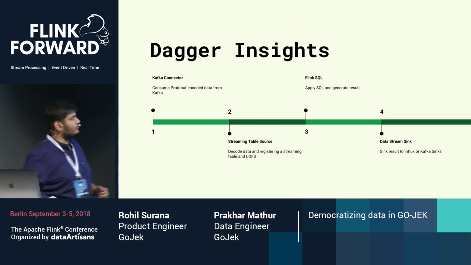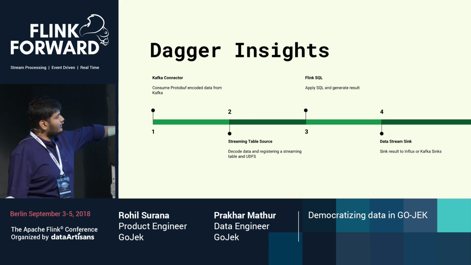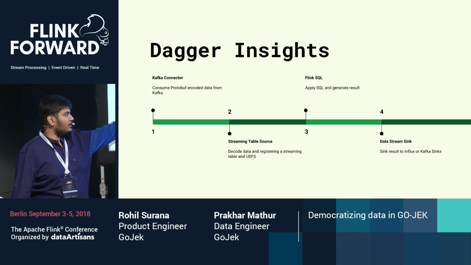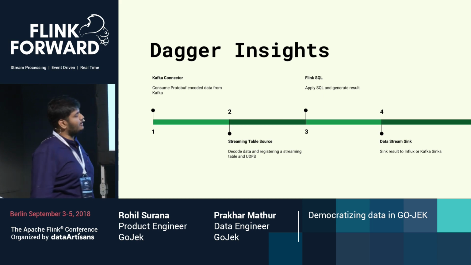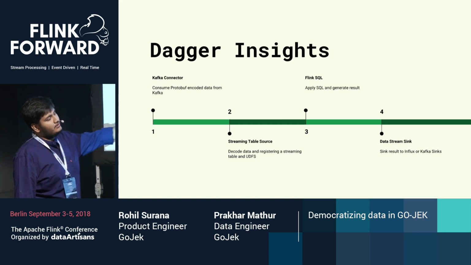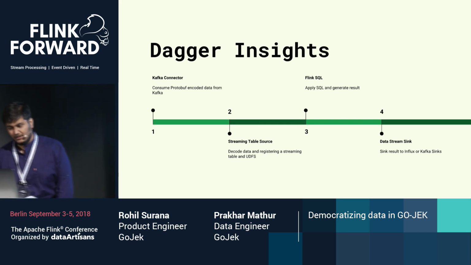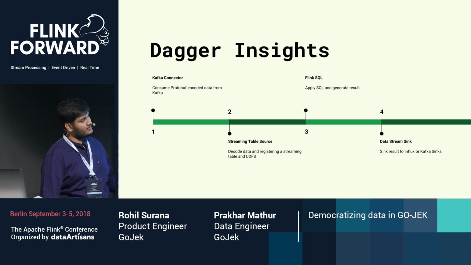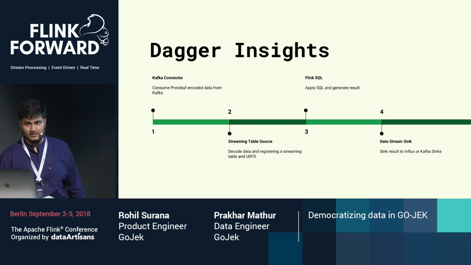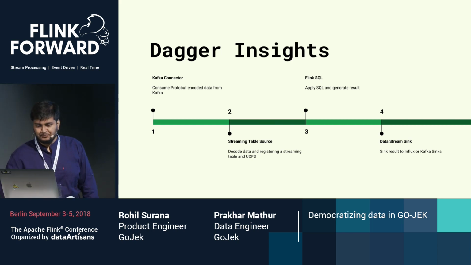So this is the flow. Consumes protobuf encoded data from Kafka, decodes the data, registers a streaming table and all the UDFs around it, applies the SQL, generates a result, and sends it to a sink. So right now we have 2 sinks, Influx and Kafka sinks. We're going to talk about these sinks later in the presentation.